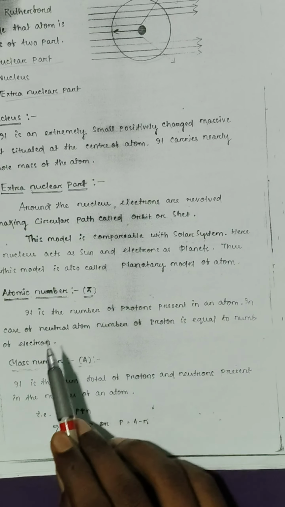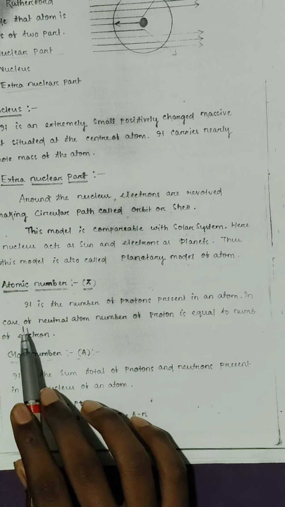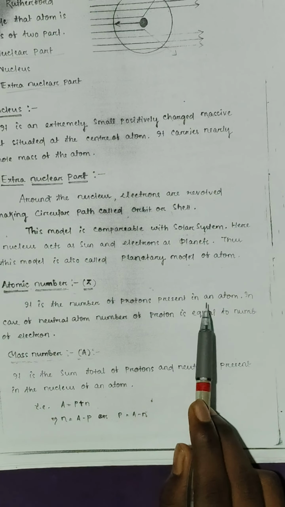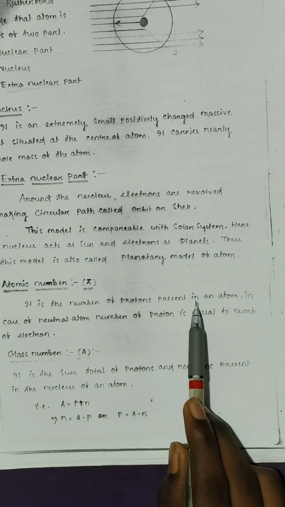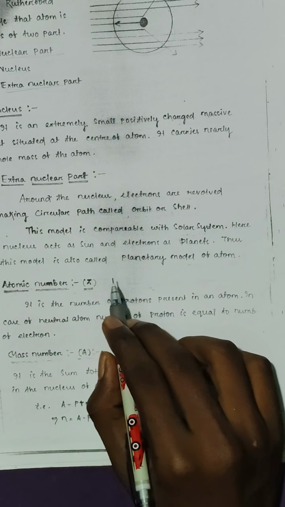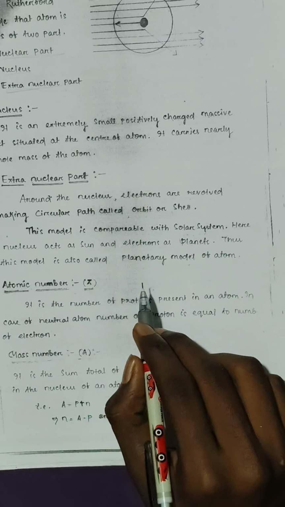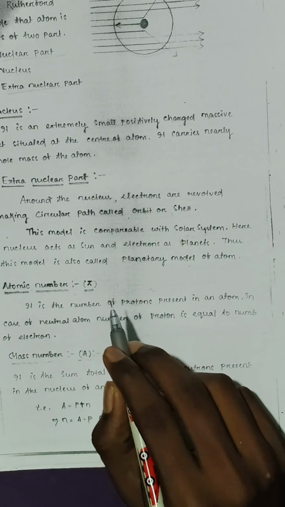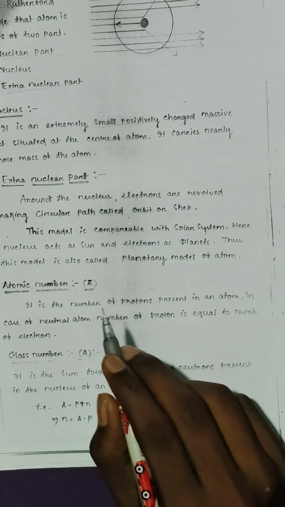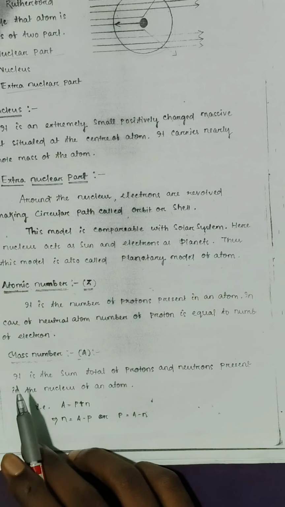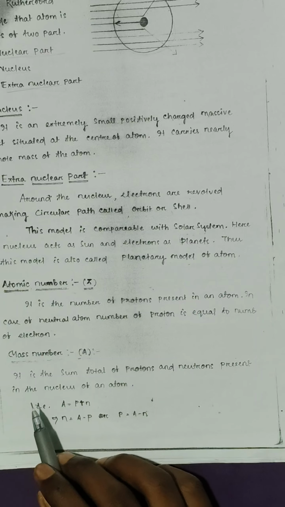Atomic number. Atomic number is none other than the number of protons present in an atom. If we look, hydrogen has one proton, so its atomic number is 1. Oxygen has 8 protons, so its atomic number is 8. So let's move on to the next. Mass number.